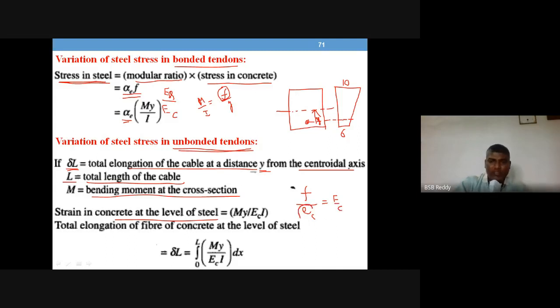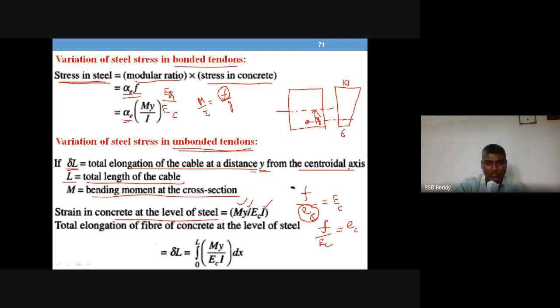What you want is the strain in concrete, so it is F by EC. What is F? M Y by I, divided by EC. So F divided by EC is equal to the strain in concrete. Substitute for F, M Y by I, so that is this expression.